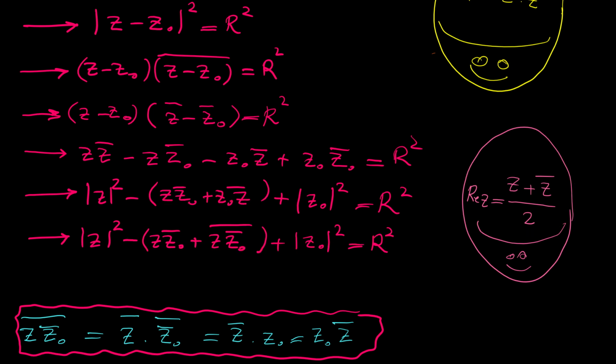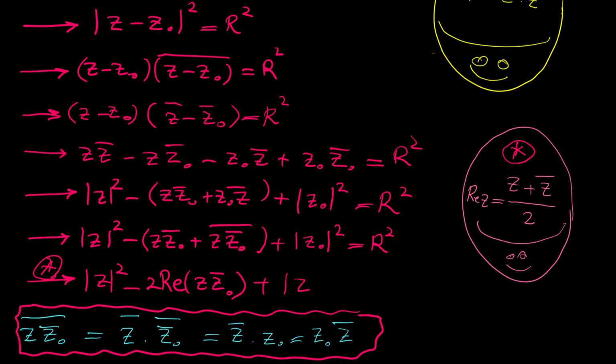So, finally, based on this relation that I want to name a star, we can write this as modulus of z to the 2 minus 2 real of z0 conjugate plus modulus of z0 to the 2 equals r to the 2.